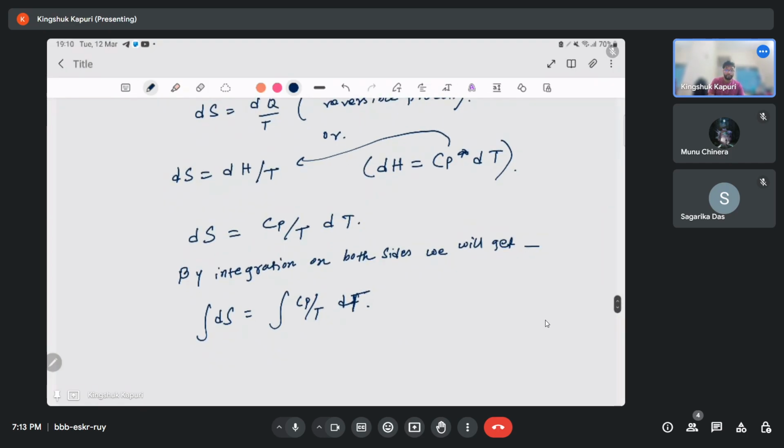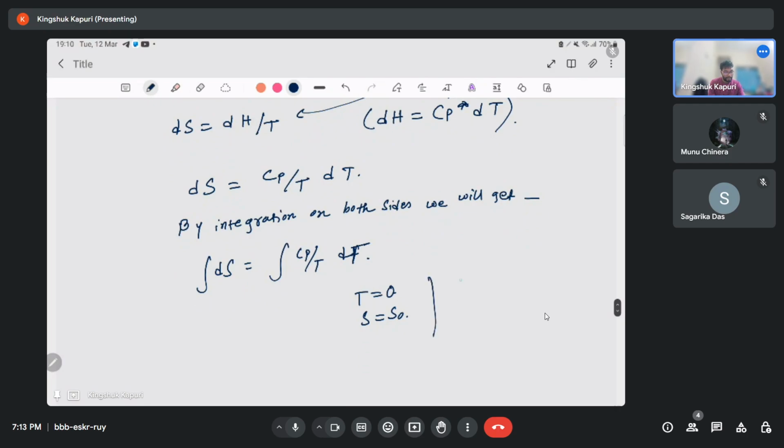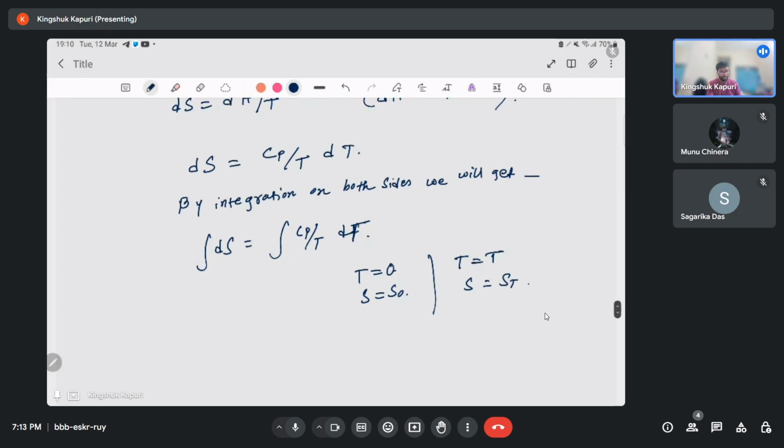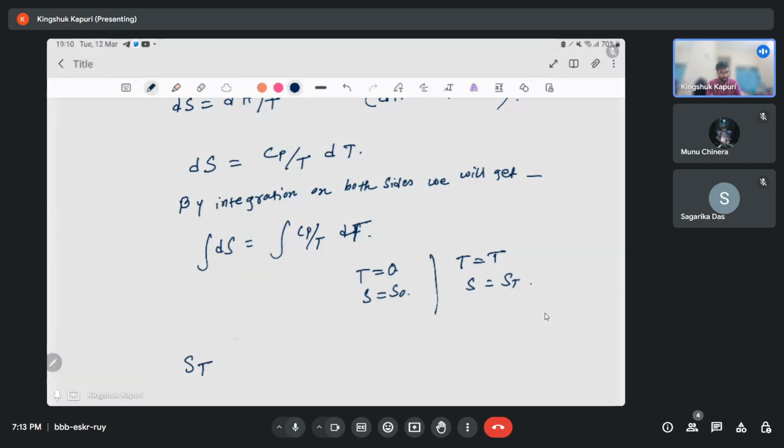Now here we can say that at T equals 0, S equals S0, right? And at T equals T, S will be ST. Now if we apply this, ST equals integration from 0 to T of Cp by T dT plus S0.